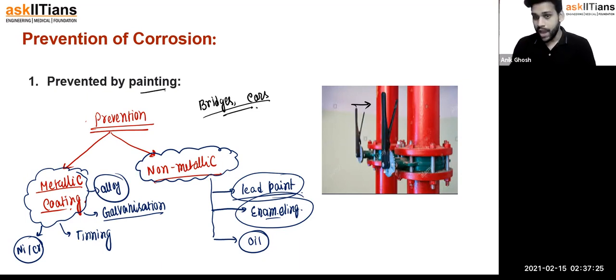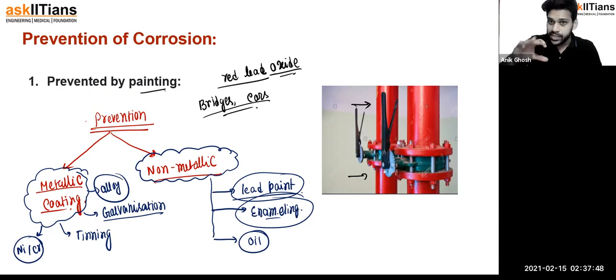And you have also seen that most of the time the water pipelines, they just paint with red. That is not a normal red color. That is red lead, basically red lead oxide paint.